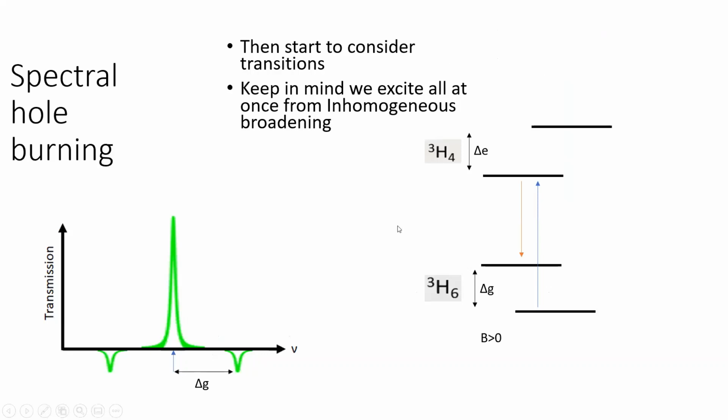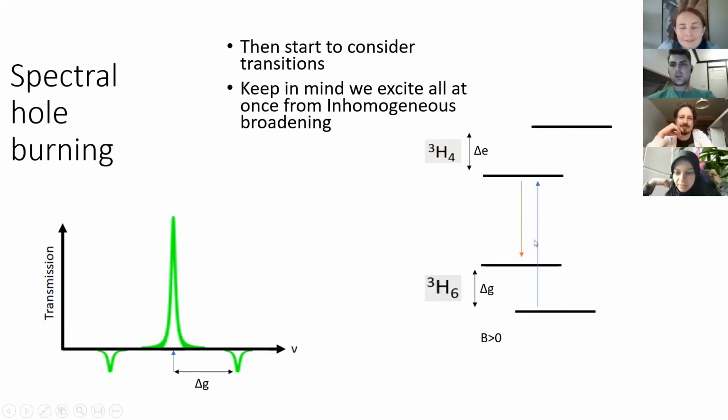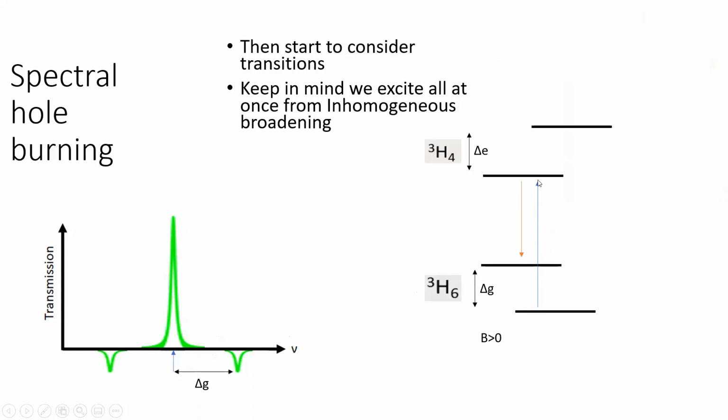Yeah, this one. So when I drive on the particular blue frequency, I create a transparency because I remove population from this ground state. Now that population is driven into this excited state, but from there it can decay, and it will decay spontaneously, given by the lifetime of this level, which in our material is something like a millisecond. Now when it decays, it has two places of lower energy that it can drop back down to.